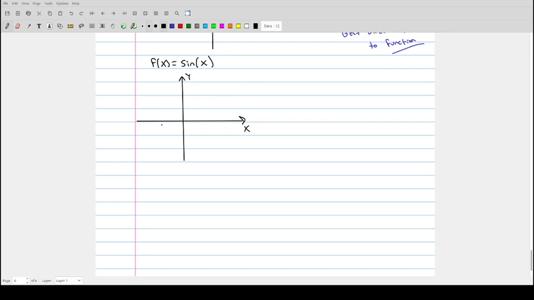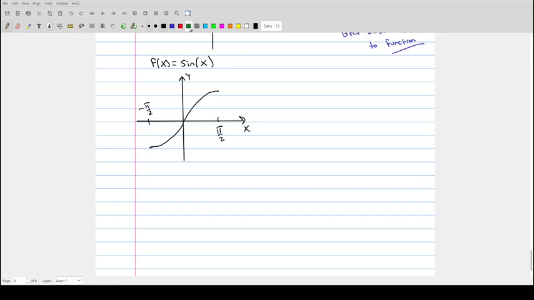If you remember, sine of x looks like this. This point is negative pi over 2. This point is pi over 2.